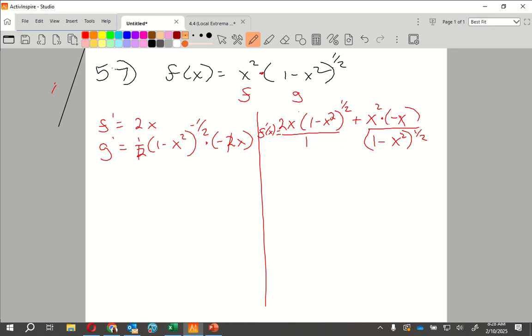So right here, set it equal to 0, I get 2x quantity 1 minus x squared to the 1/2 plus, what's that going to be? A negative, oh wow, that x cubed over 1 minus x squared.